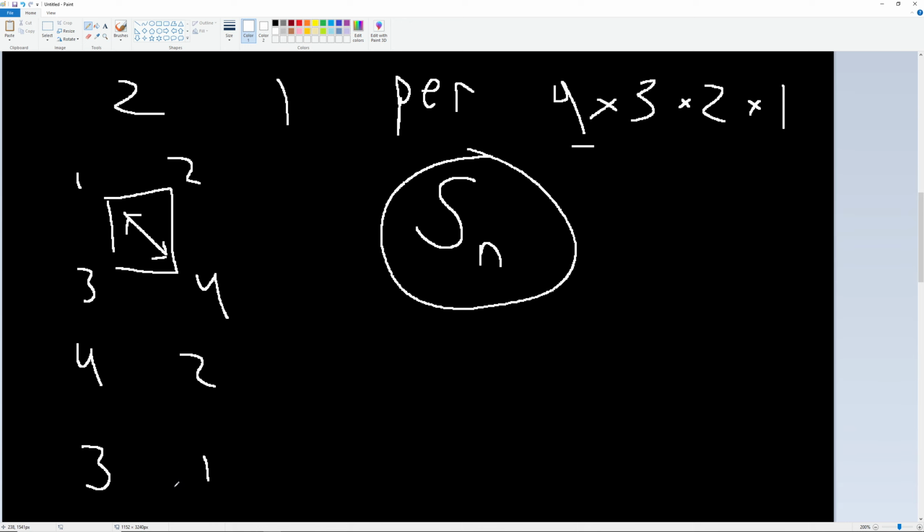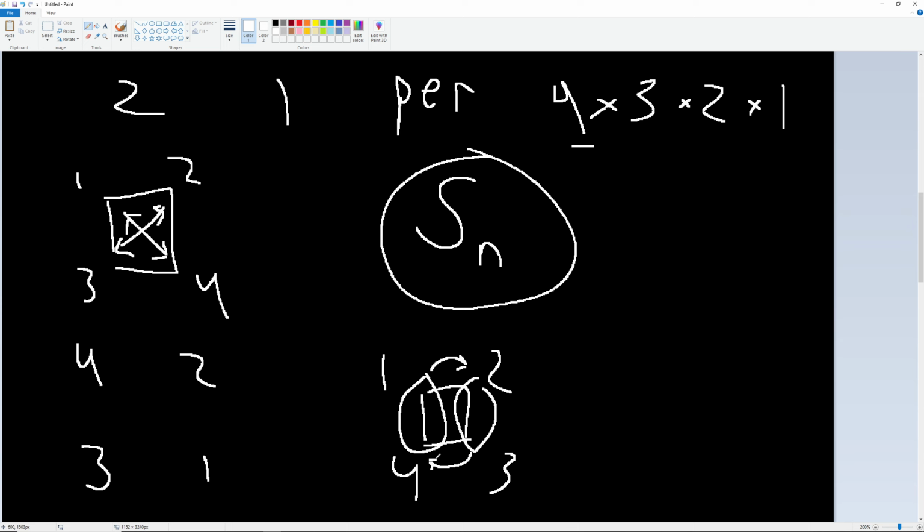Or we can flip across like this, or we can flip both sides around, so this entire thing over here, and this entire thing goes over here, so we get 2, 3, 1, 4.